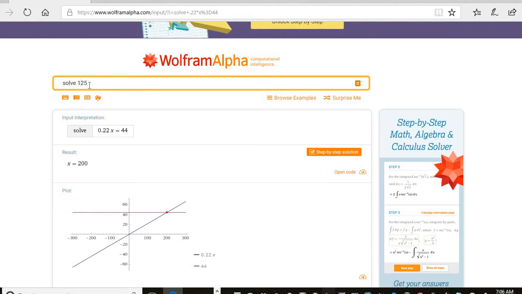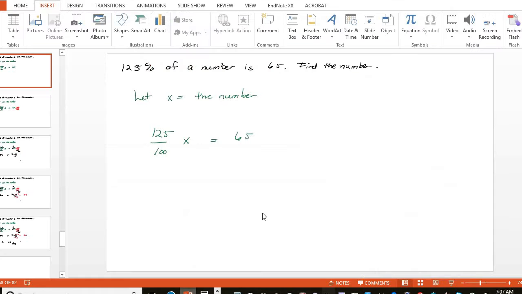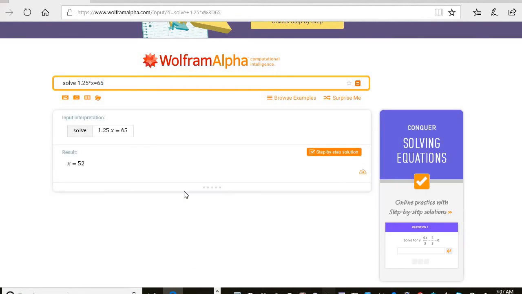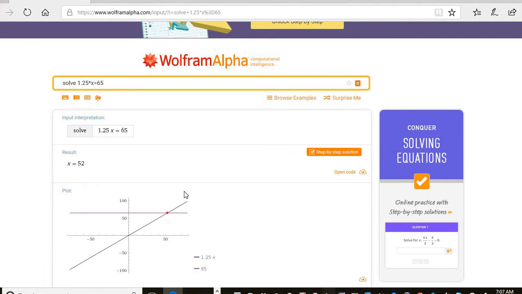So if I have 125%, the decimal place would be 2 places to the left. And then I'm going to multiply that by x, and that was supposed to equal, I think, 65. Start to remember 65, right? 52. So Wolfram Alpha got it right again. Look at that.